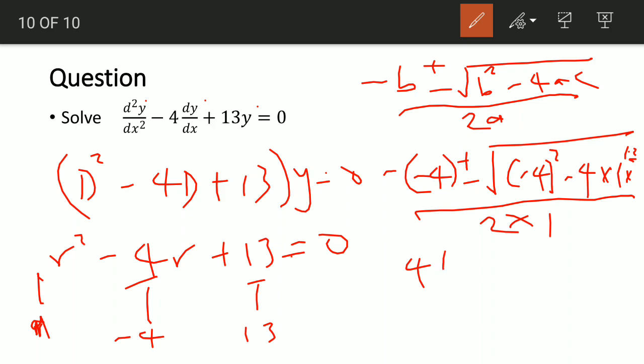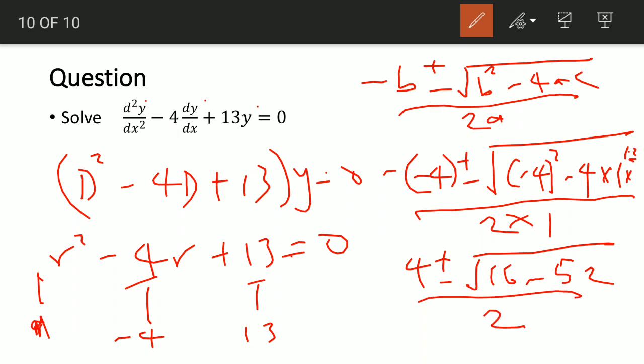So that will give us 4 plus or minus square root of 4 squared is 16, minus 4 times 1 times 13. Okay, minus 4 times 13 is going to give us minus 52. So we have minus 52 there, okay, all over 2, okay?